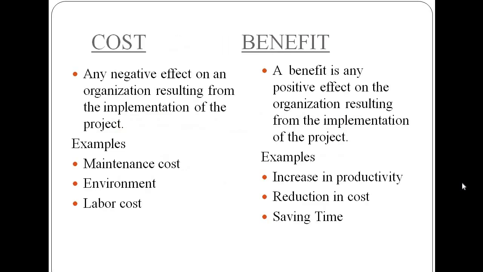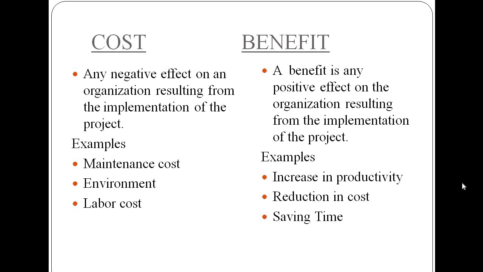Then we have to understand what cost and benefit are. Cost: any negative effect on the organization resulting from the implementation of the project. For example, direct cost would be the direct labor involved in manufacturing, inventory, raw material.